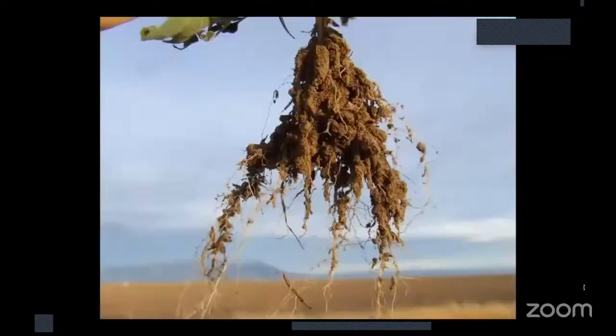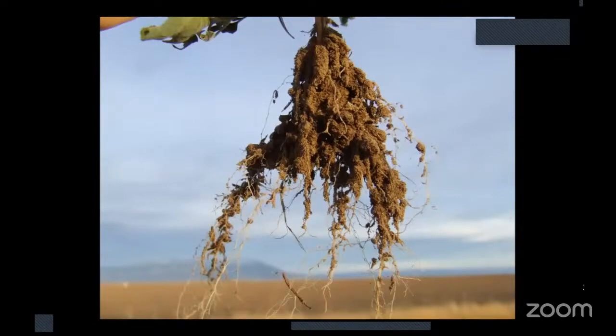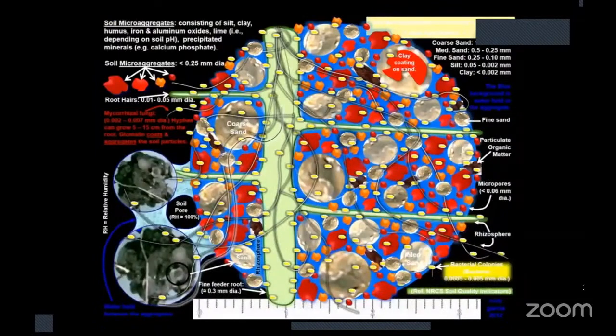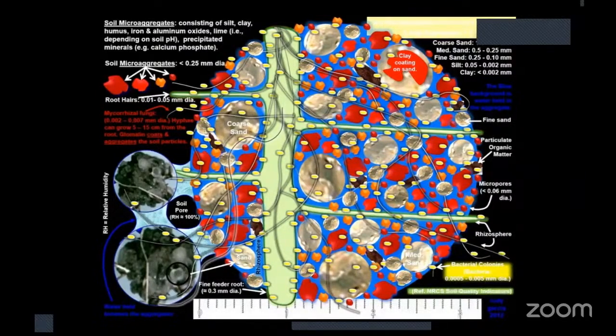So if we look in a little bit more detail now at what is actually going on biochemically inside those rhizosheaths, this is a diagram that was drawn by Rudy Garcia, who's with the NRCS in New Mexico, and there's a lot of detail in there, and I probably don't have time to go into that detail now, but again, this is on my website and you can read all about it there.